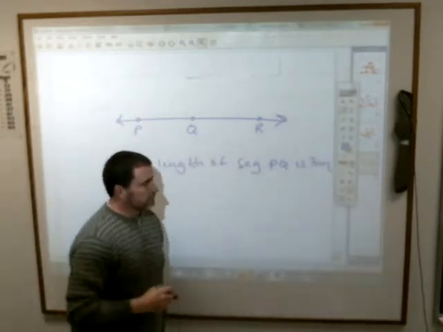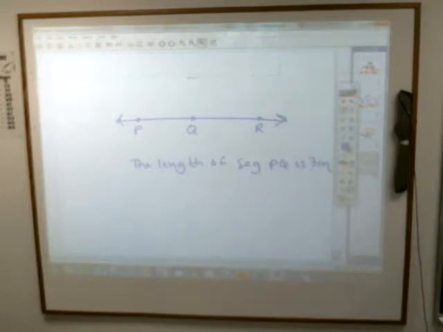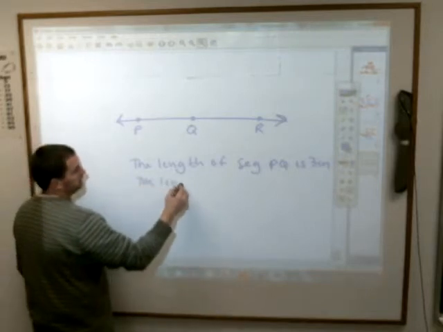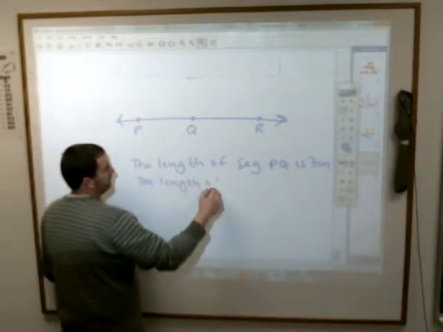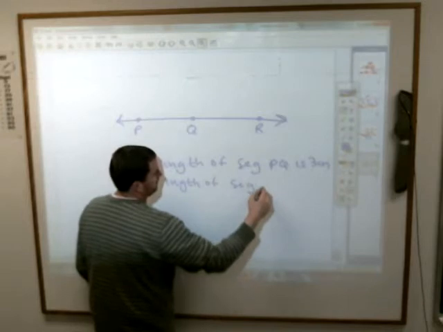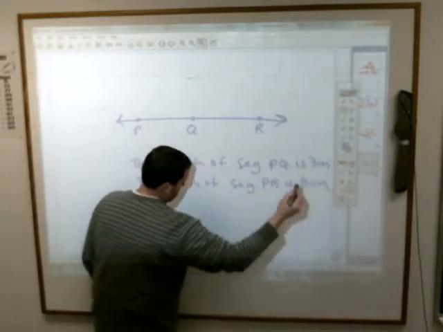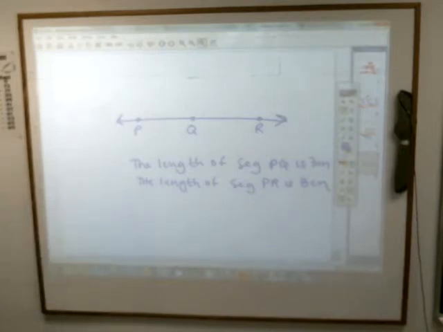The length of PR is 8 centimeters. The question is, what is the length of QR?